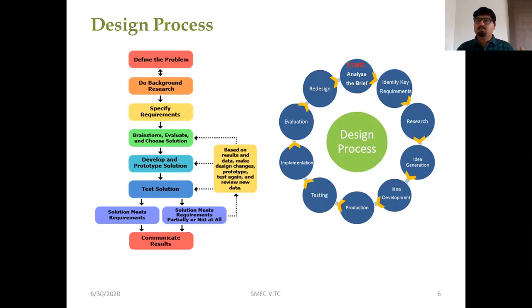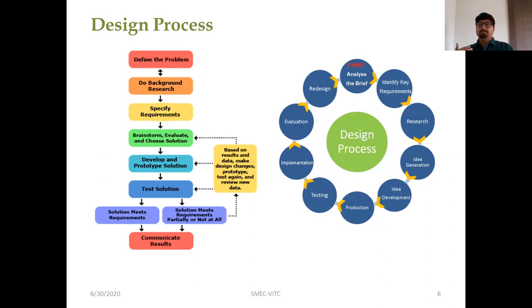After specifying these requirements, you make your team sit across and do brainstorming. It is one important ideation technique. Among the lot of ideas coming out, evaluate the ideas and choose the solution. Thereafter, develop the solution and try to prototype it.